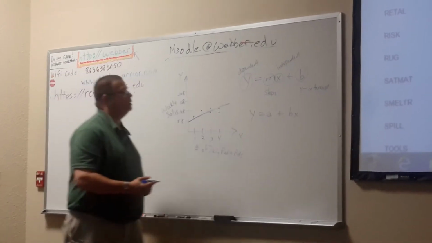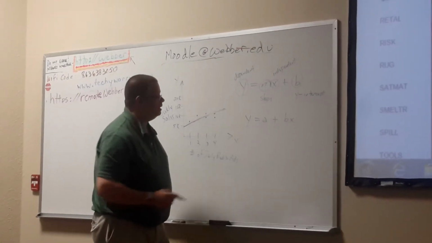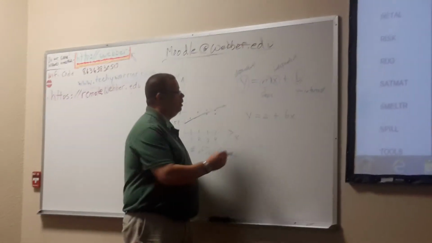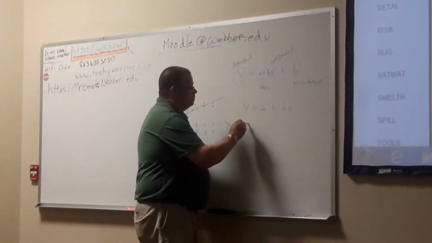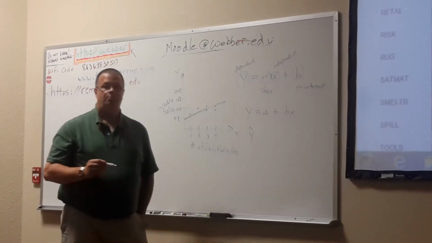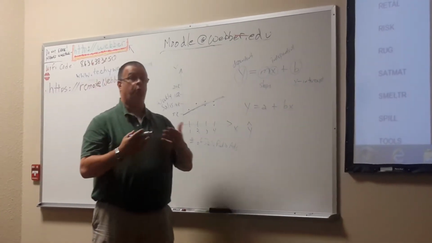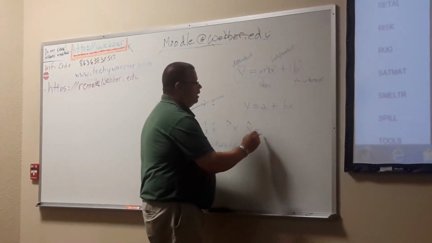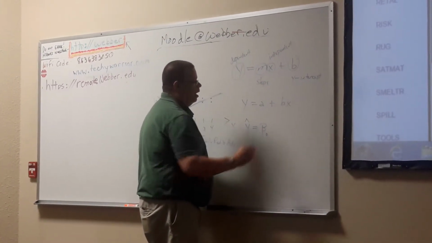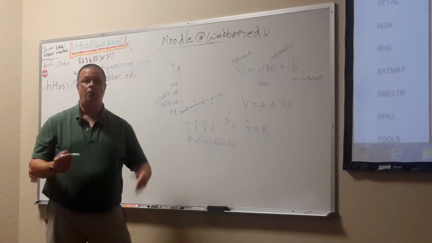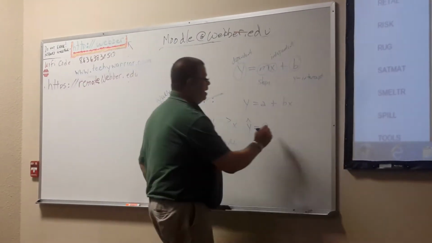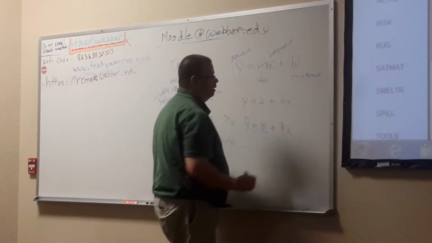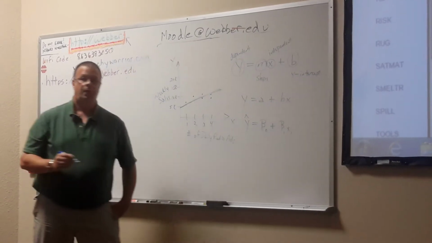In regression analysis, they use slightly different formats, and it depends a little bit on what book you use. In your particular book, we use something called y hat. That stands for the predicted level of y, or our dependent variable, and is equal to beta sub 0, which represents the intercept, plus beta sub 1 times x sub 1.